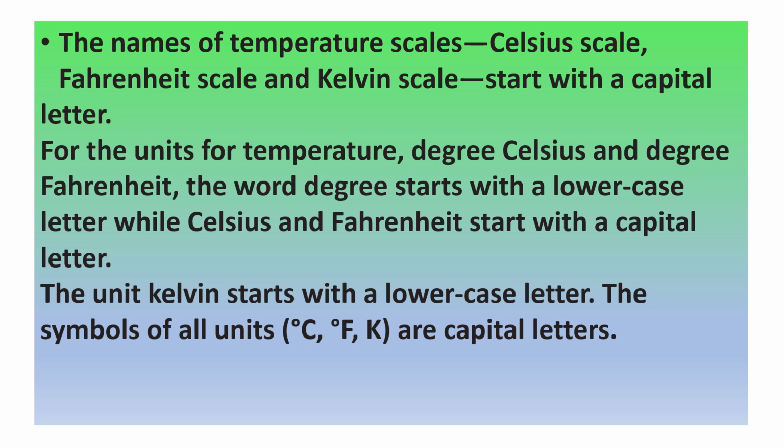The unit kelvin starts with a lowercase letter. The symbols of the units are degree C for degree Celsius, degree F for degree Fahrenheit, and K for Kelvin, and we do not use any degree symbol before K. They are in capital letters.